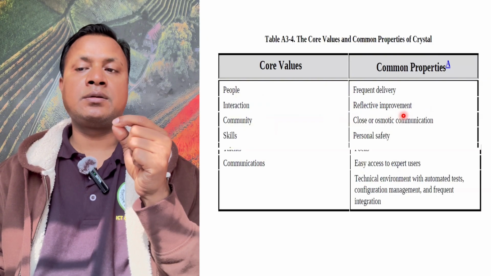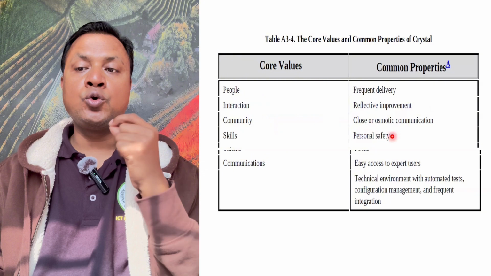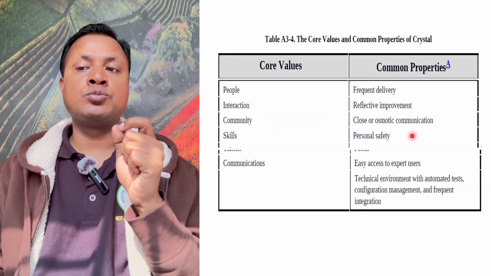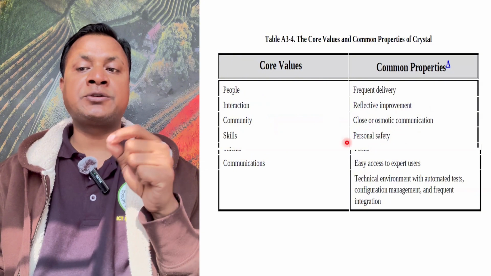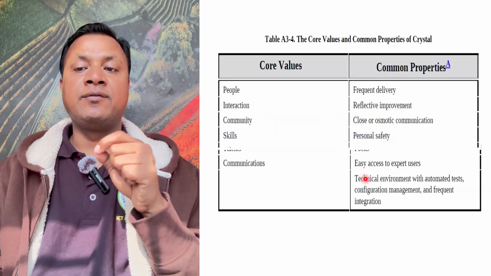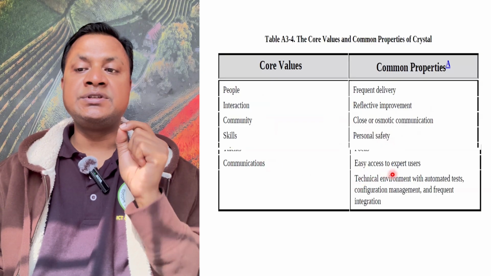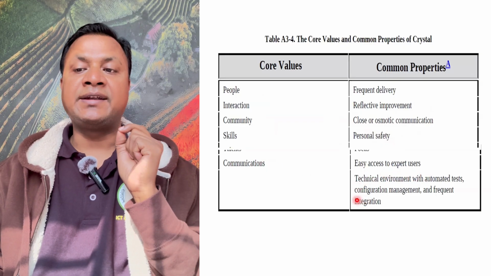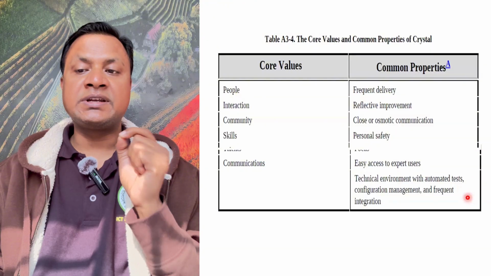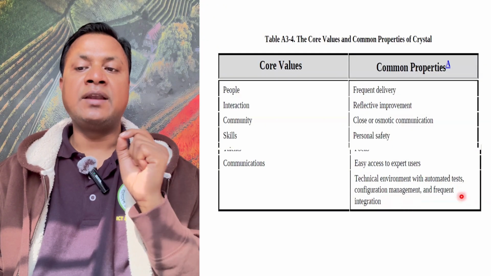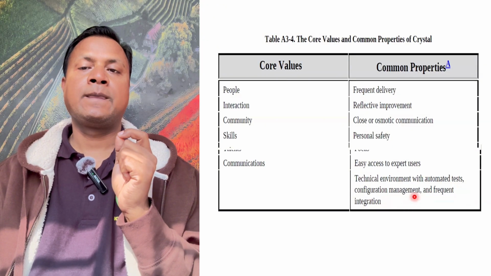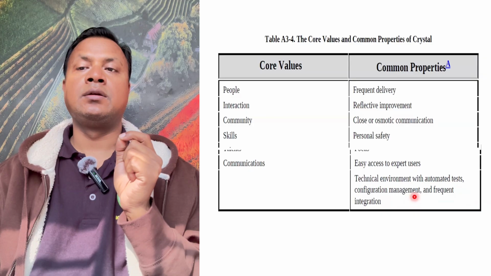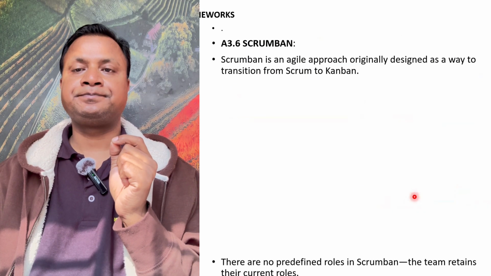You will reflect and improve, and there will be close, osmotic communication, and personal safety is a must. For communication, you use easy access to expert users and a technical environment with automated tests, configuration management, and frequent integration. This is the end of the Crystal properties.